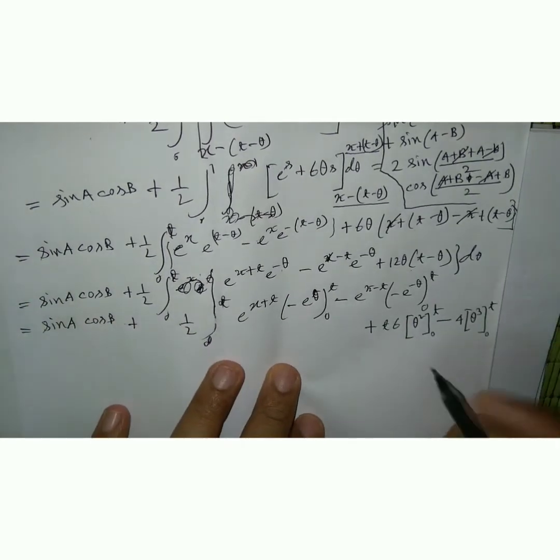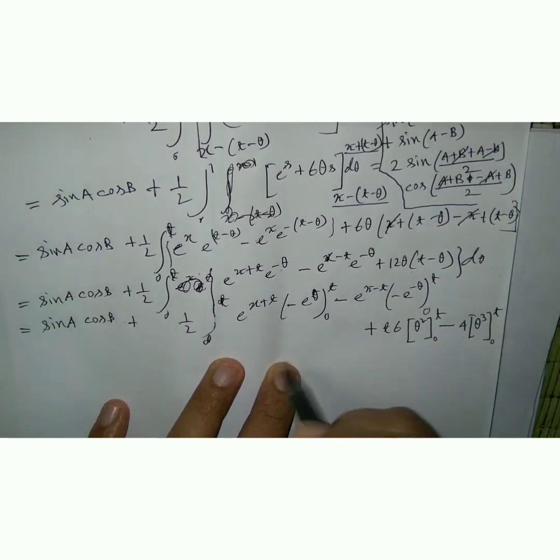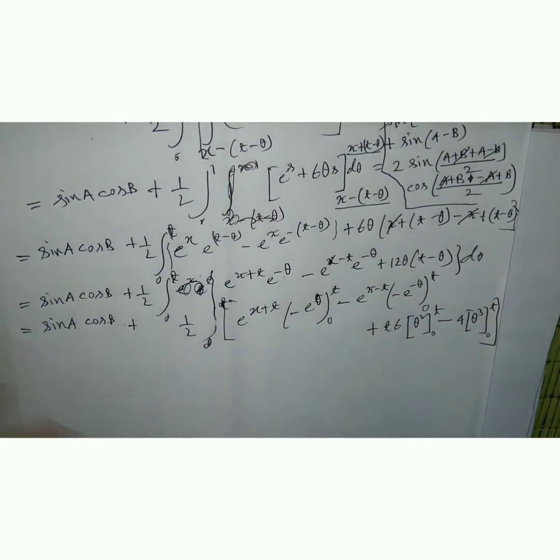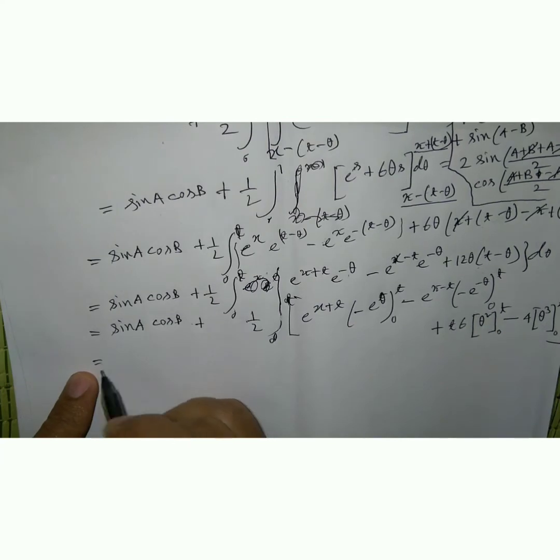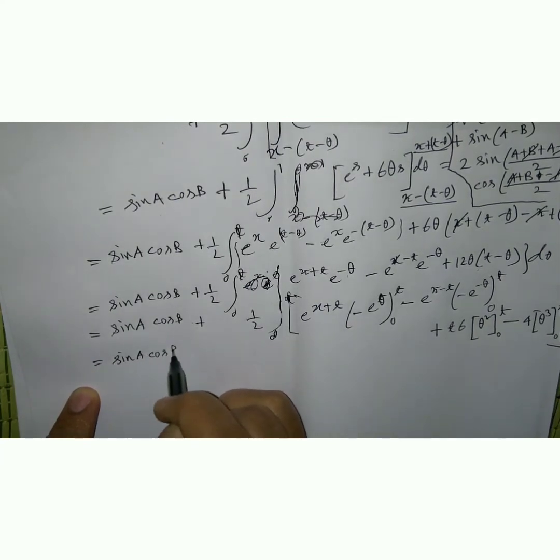Okay, this is the value that will come according to my calculations. And half is also multiplied, my half is multiplying, half sin A cos B.